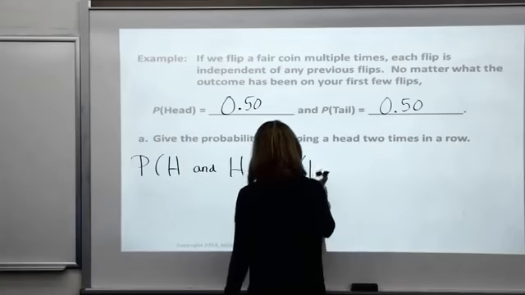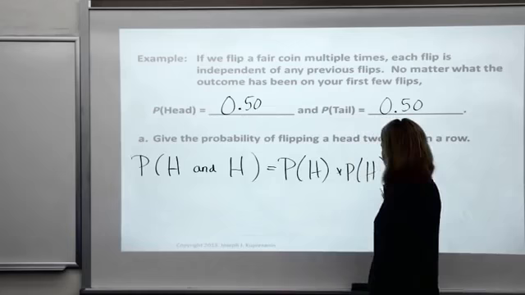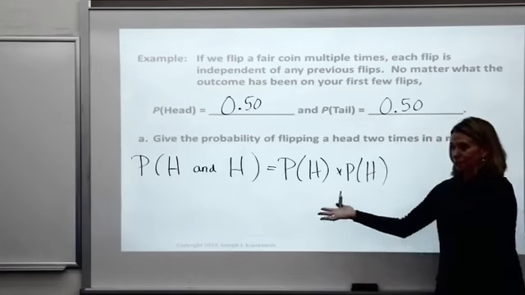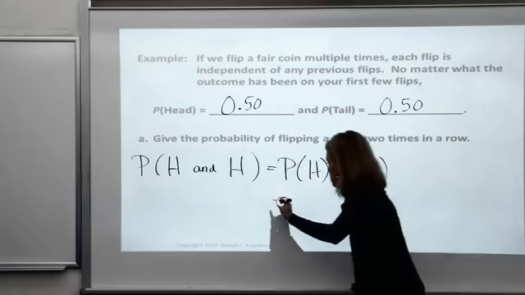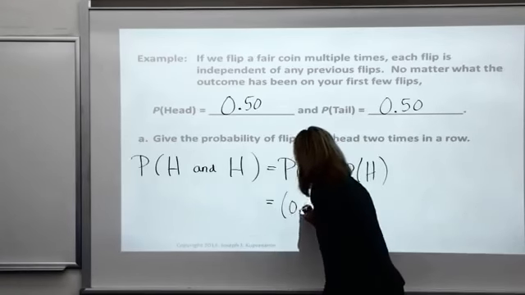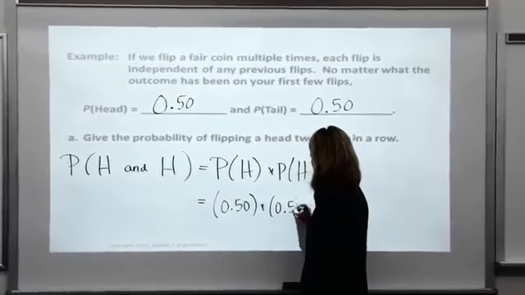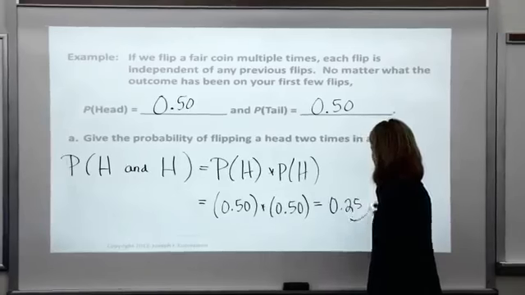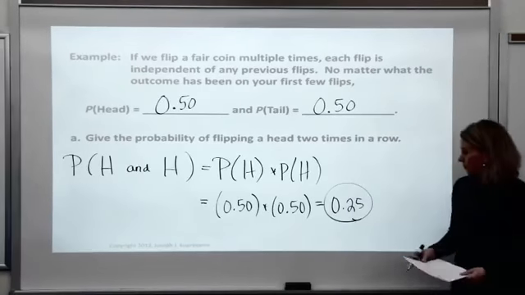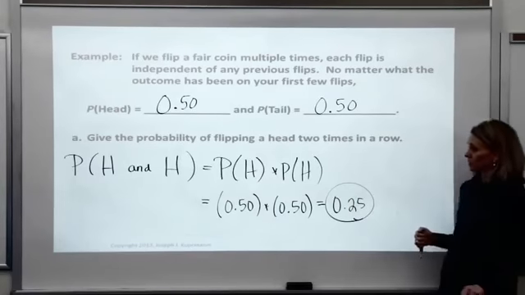This is the probability that we get heads on the first try times the probability to get heads on the second try. Doesn't matter what try it is, the likelihood of getting heads when you flip a coin is a half. So this is just going to be 0.5 times 0.5, or a 25% chance of flipping a coin twice and getting 2 heads.